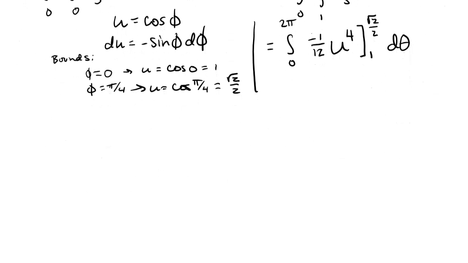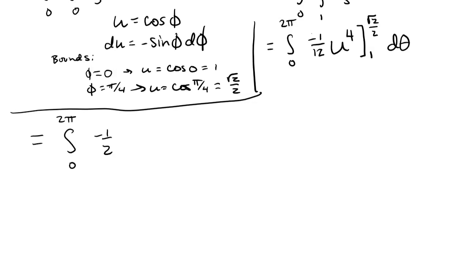So then taking a look at what we have now, plugging those in, we'll have the integral 0 to 2 pi. Square root 2 over 2 to the 4th. Square root 2 to the 4th would be 2 squared. So we'll end up with 4 over 2 to the 4th is 16.